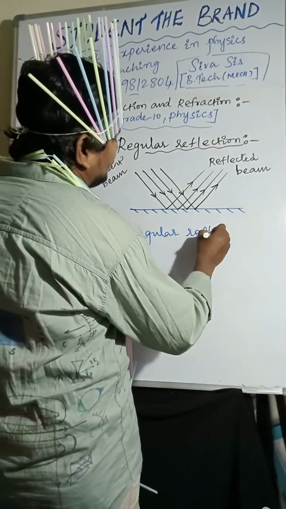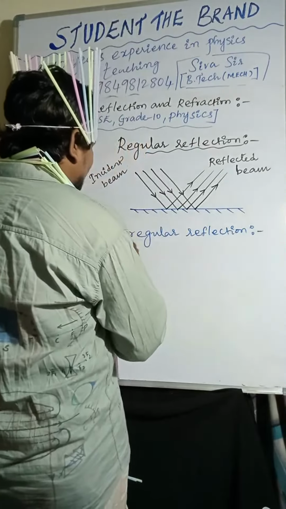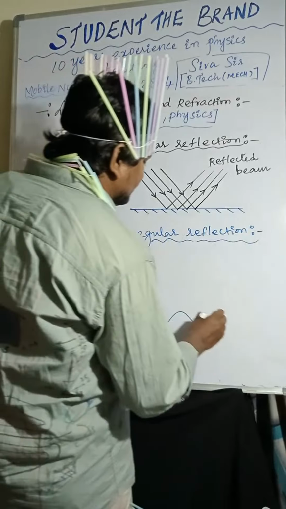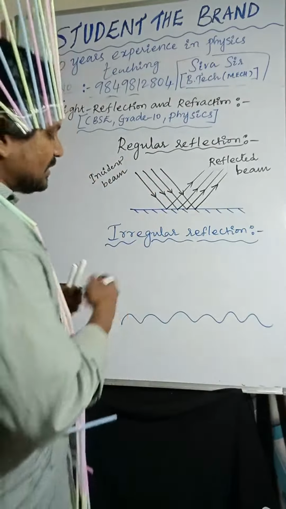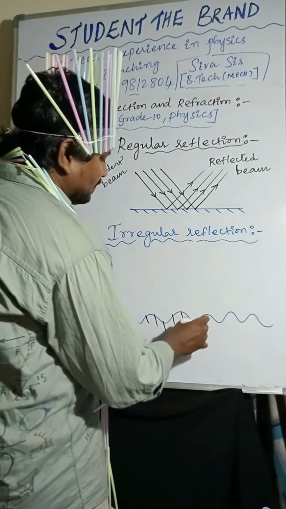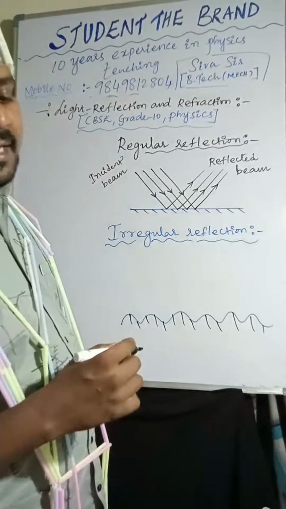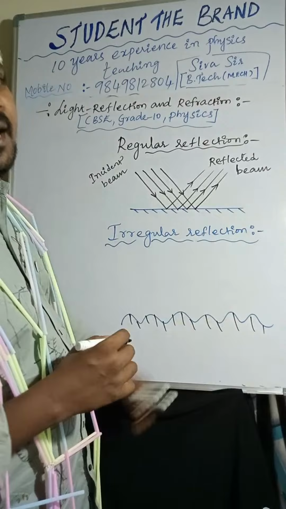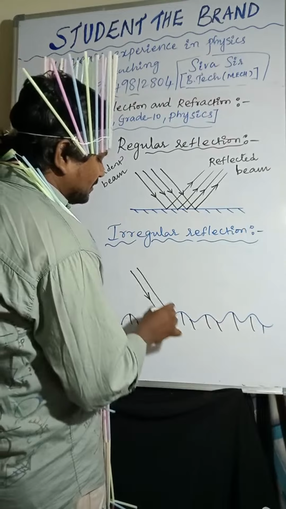This is the irregular surface I am taking. Here the incident light rays are parallel, but the reflected light rays are not parallel to each other. This type of reflection is called irregular reflection.